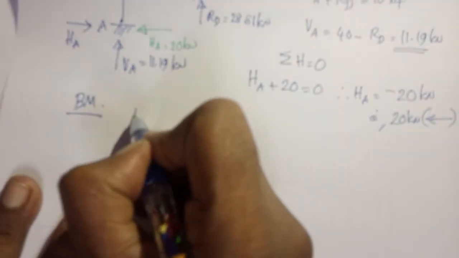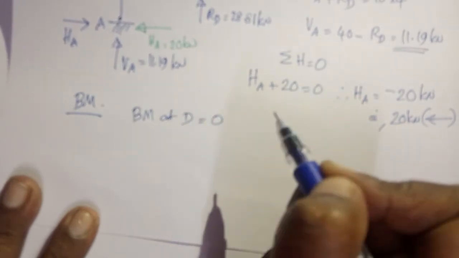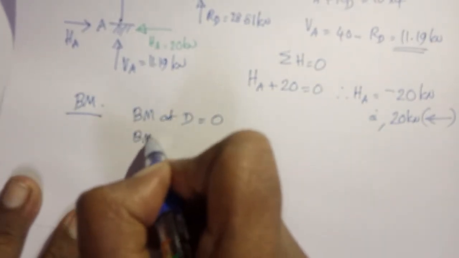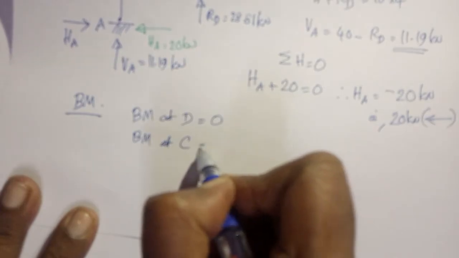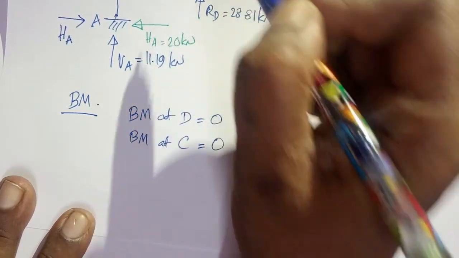Next, we have to find out the bending moment. Bending moment at D is 0. Bending moment at C is also 0, because the load is acting in this direction, so at this point it is 0.